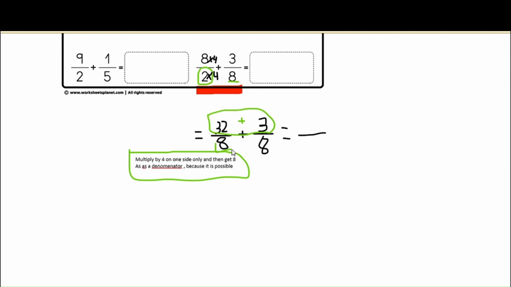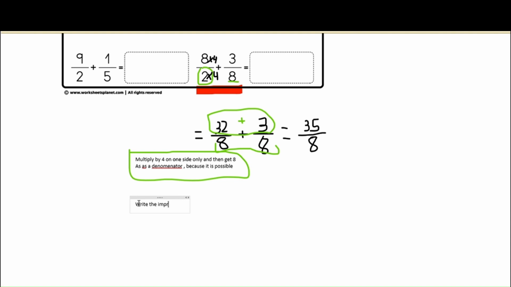Why? Because we couldn't multiply it to get the denominator. Because this is already our biggest denominator, which makes it a denominator 8. When we times 2 by 4, we get 8. So we now take 32 plus 3. We just write 8 at the bottom again. And 32 plus 3 is 35. Yes.